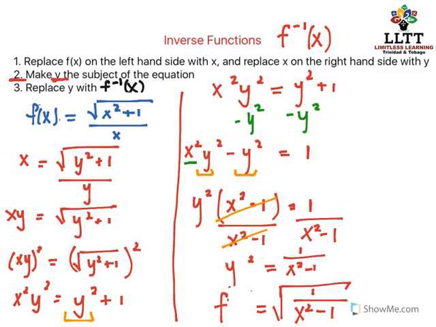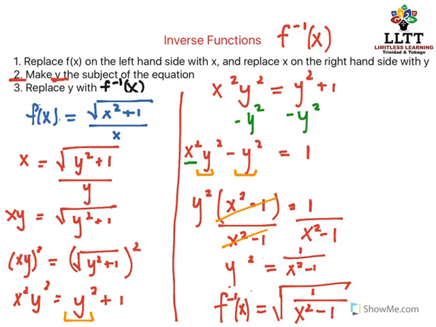So my final step is to replace y with f inverse of x. So I get f inverse of x is equal to the square root of 1 divided by x squared minus 1. So I would have saved the most challenging question for the end of this lesson.